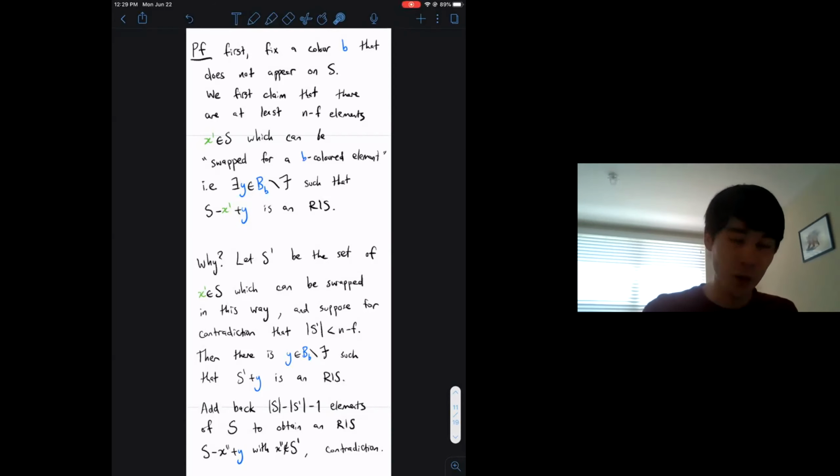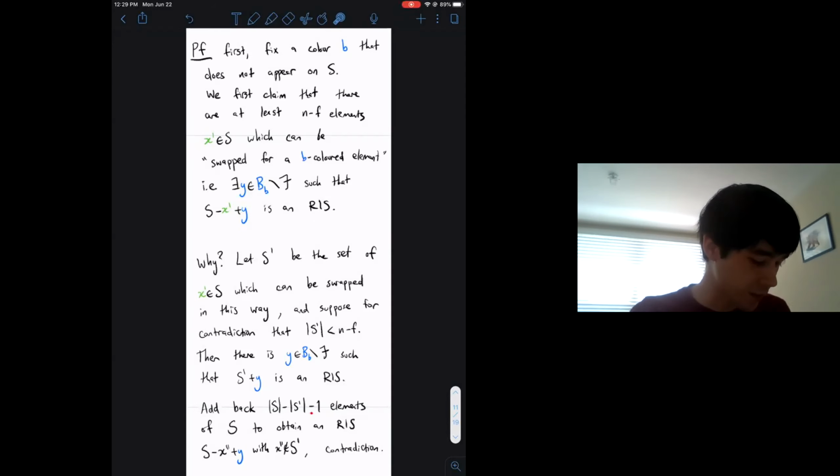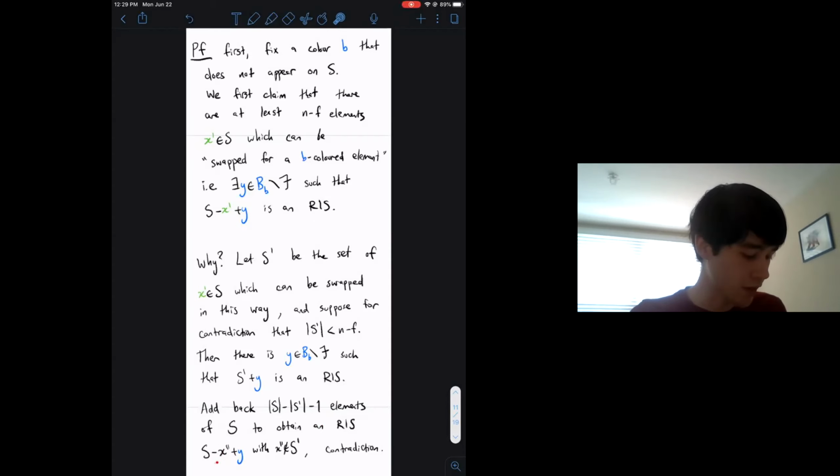So in order to get S prime, I've deleted some stuff. So I'm just going to add back some more stuff from S until I have the same size as I started with. I can do this by the Matroid property. So I add back all these elements, and so I'm going to get all of S except one element, because I've added y, so I'm going to be one short. It's going to be all of S except one element x prime prime plus y.